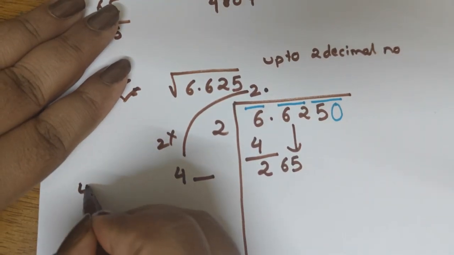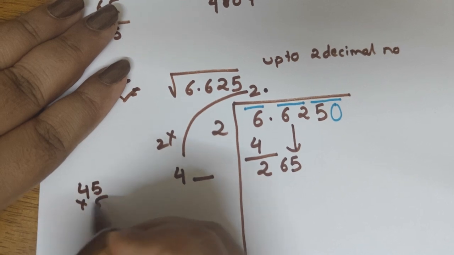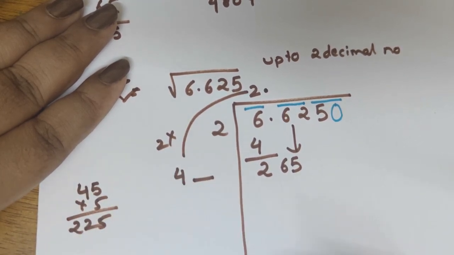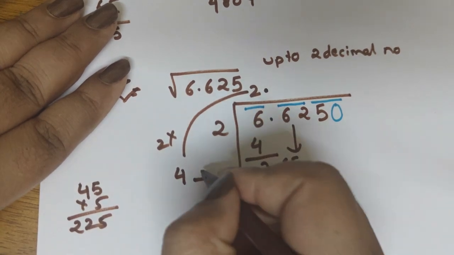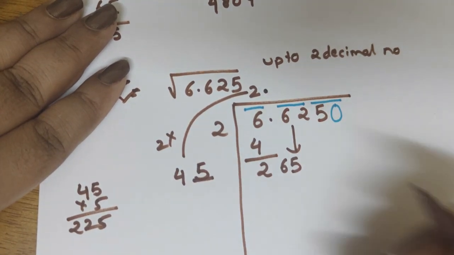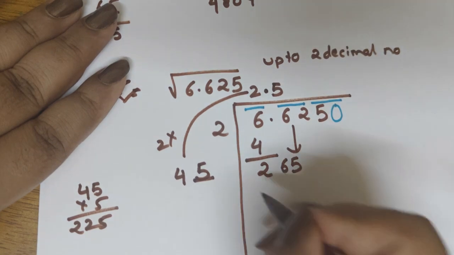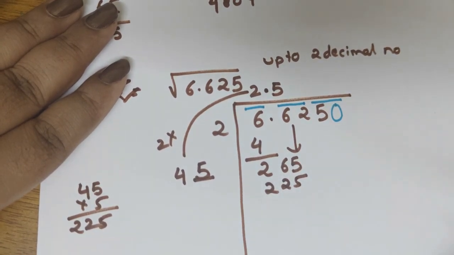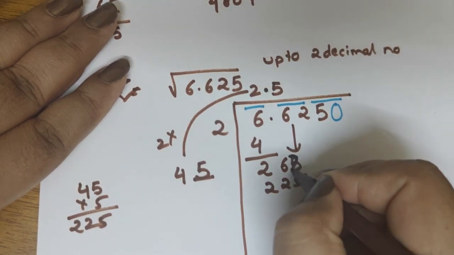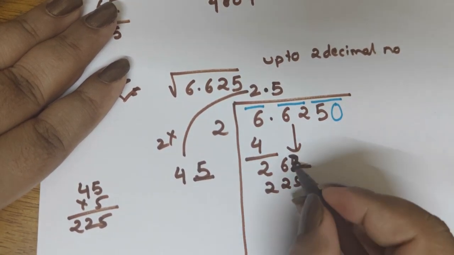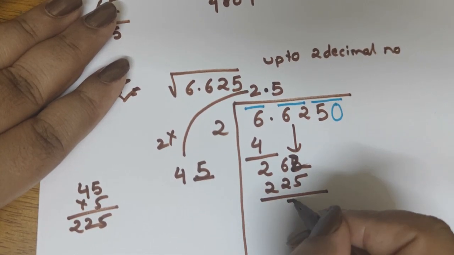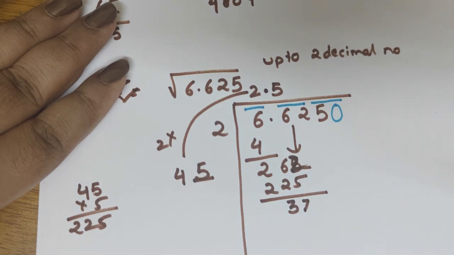Okay, so let's try 5. Okay, so I will put 5 here, 5 here, and it will be, oh sorry, this is 2, my bad. So we will get 37.